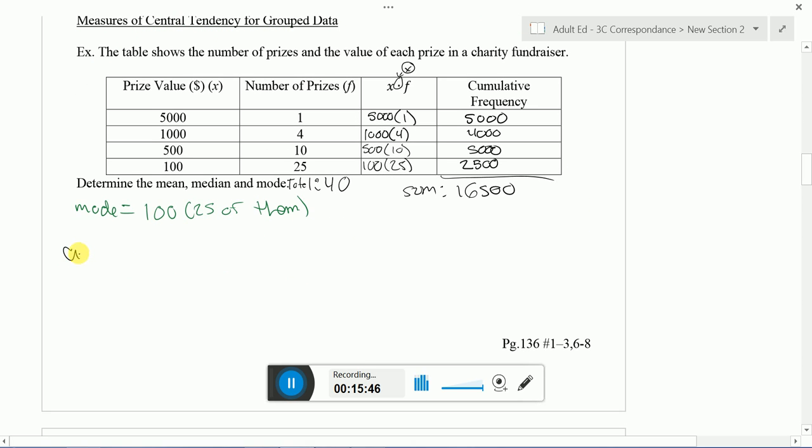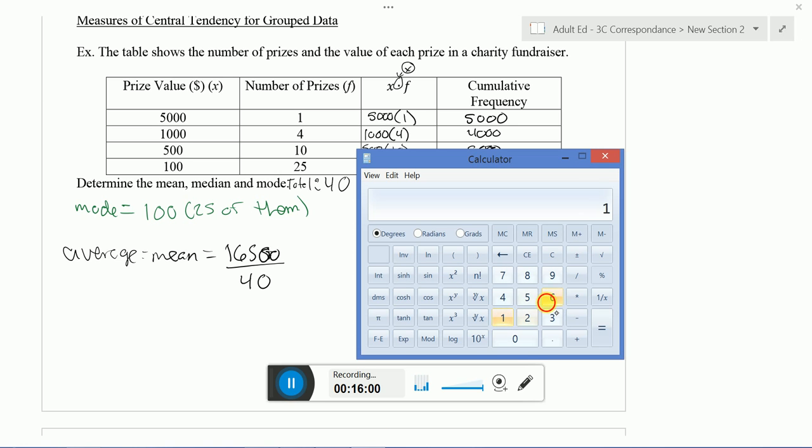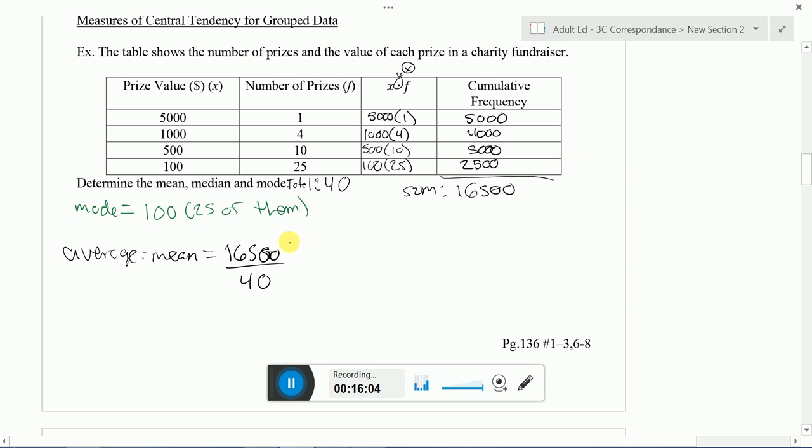So for this one, our average or mean would be the total cash value of all the prizes, which is 16,500, divided by the total number of prizes we have, which is 40, or $412.50.